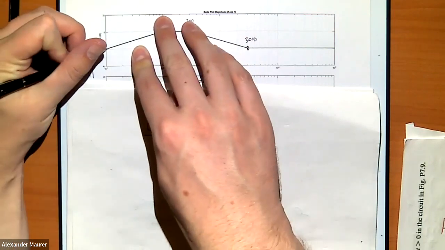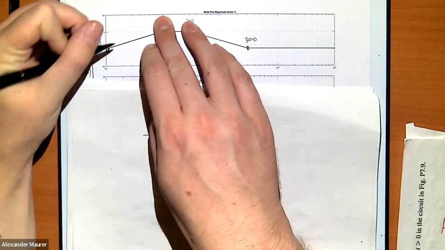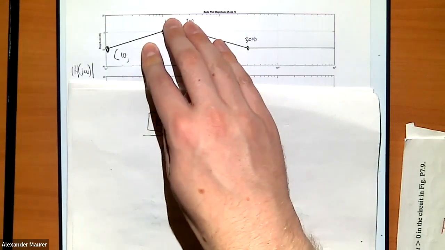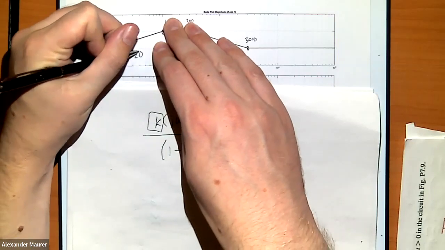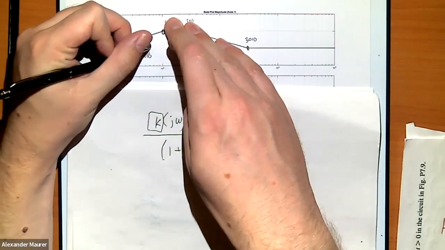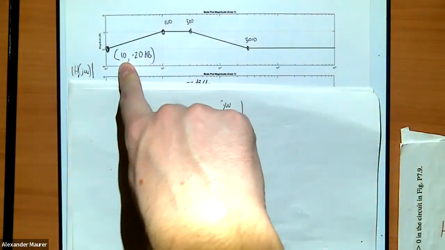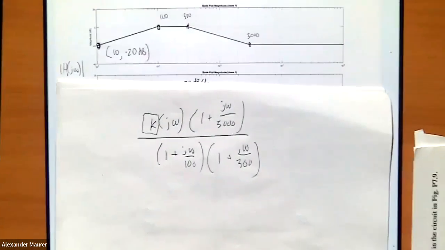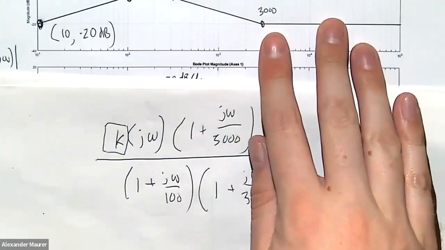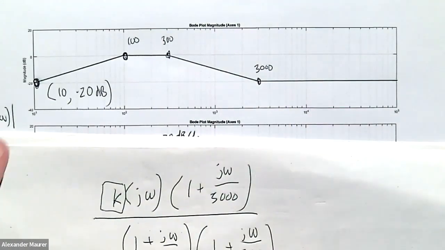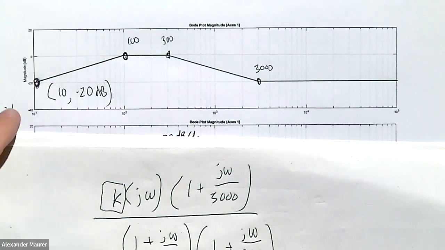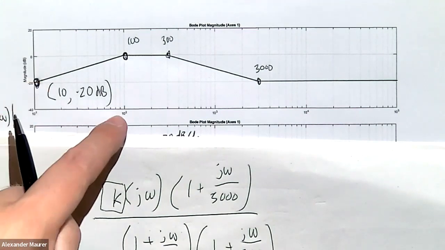And so I'm going to go right here where I am at the point 10 radians per second, comma, minus 20 dB. There's a space where I didn't write radians per second, but we're talking frequency. I should be zooming in here, sorry. So I see this point, it's to the left of all of my corners, and it's at a frequency of 10 radians per second and a height of minus 20 dB.